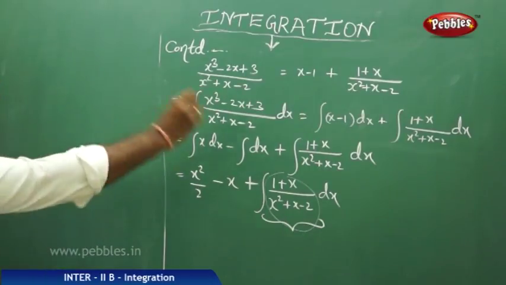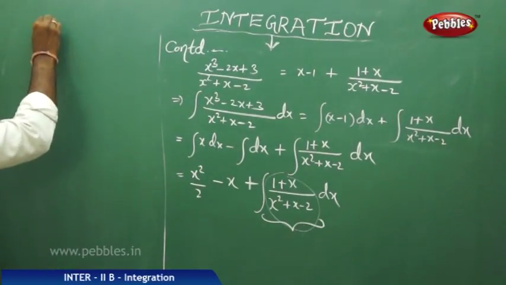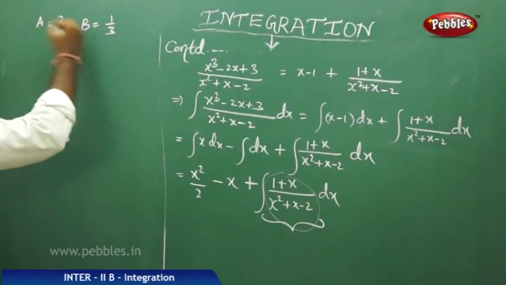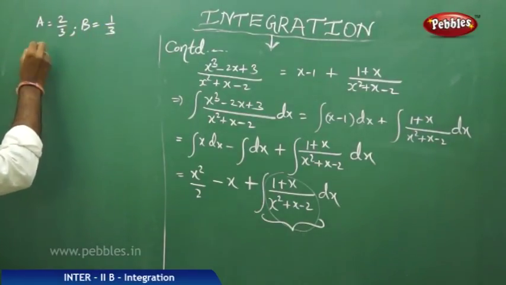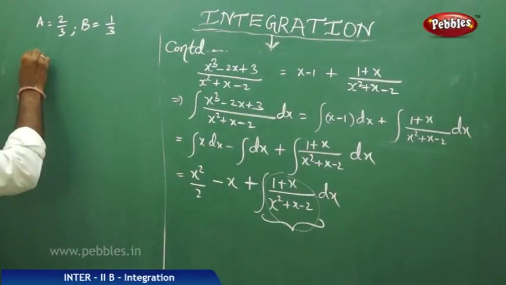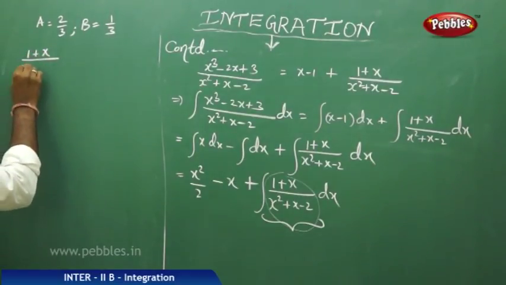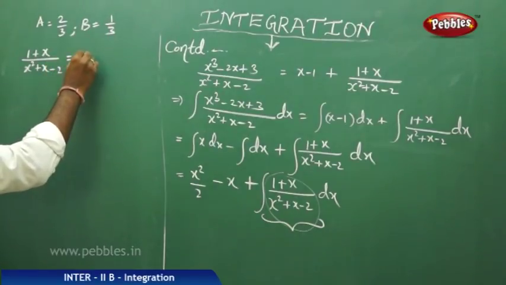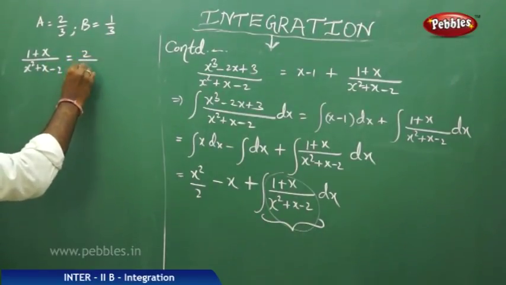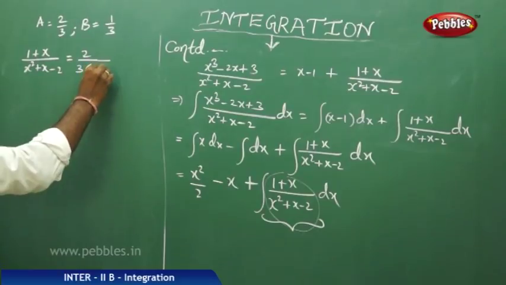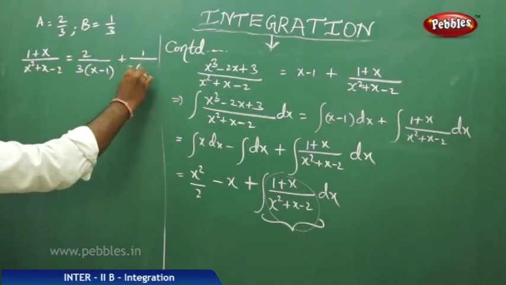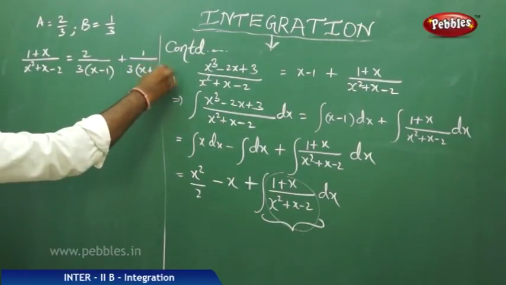Therefore substituting the values of a, which is 2 by 3, and b, which is 1 by 3, in the partial fraction, I get (1 plus x) by (x squared plus x minus 2) as a times 1 by (x minus 1) plus b times 1 by (x plus 2).